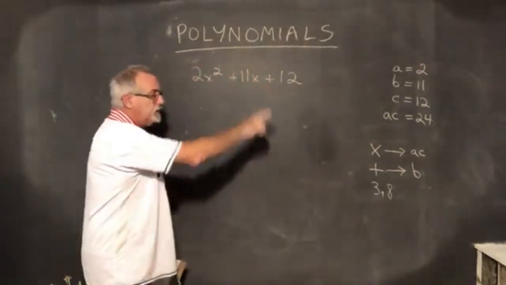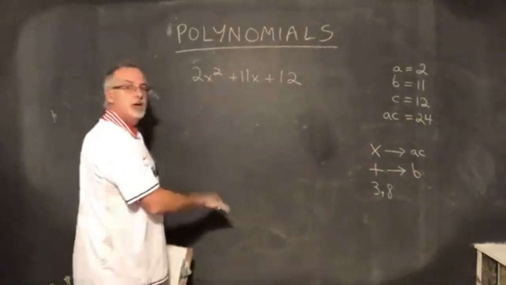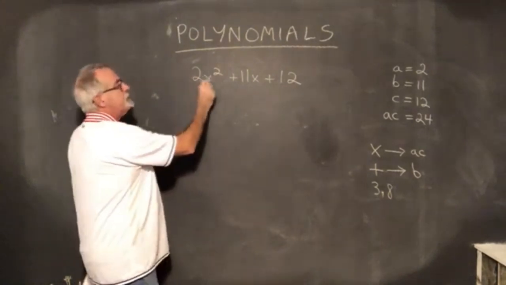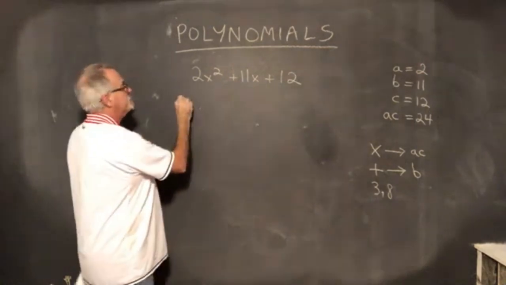Now, a couple little things changed, but a lot of stuff is the same. And that happens here too. There's going to be a couple little changes. What I like to do is rewrite this, but I replace the 11 with a bracket.